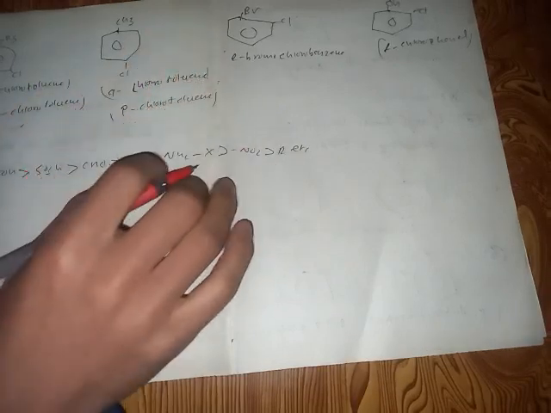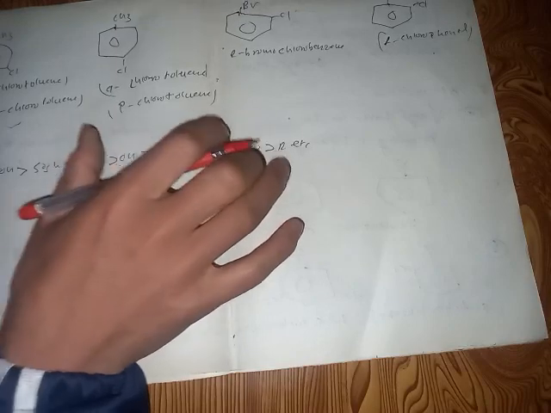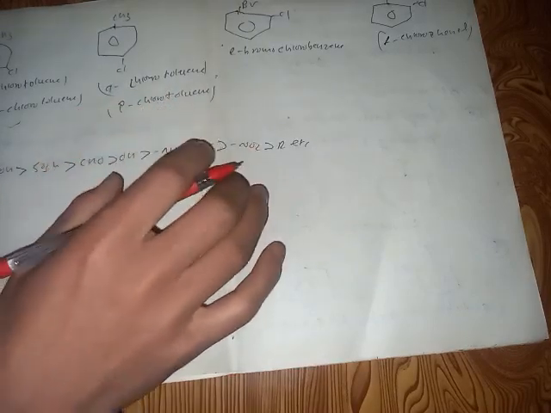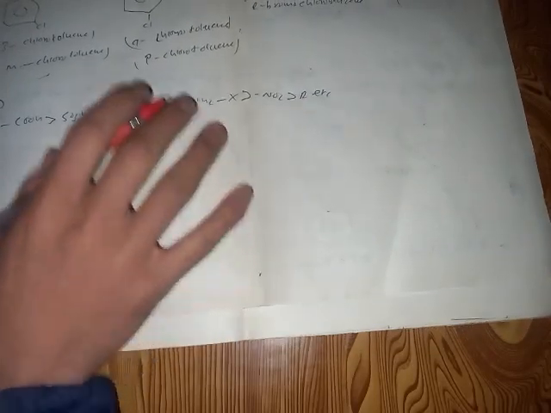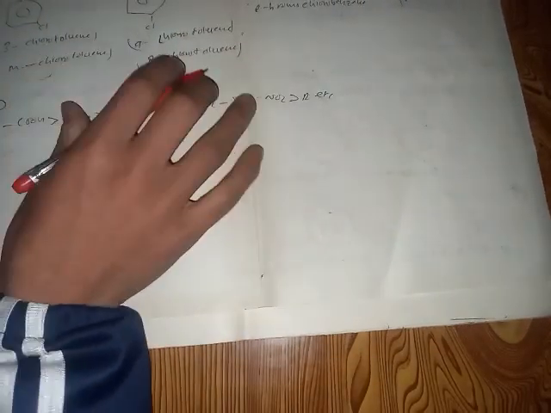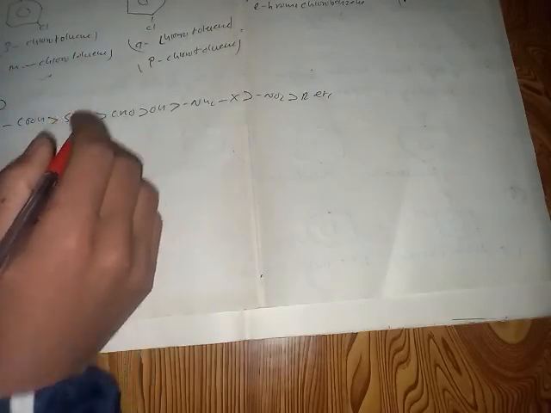Some groups follow the order, and the substituents are named in alphabetical order. For example, according to this priority order.